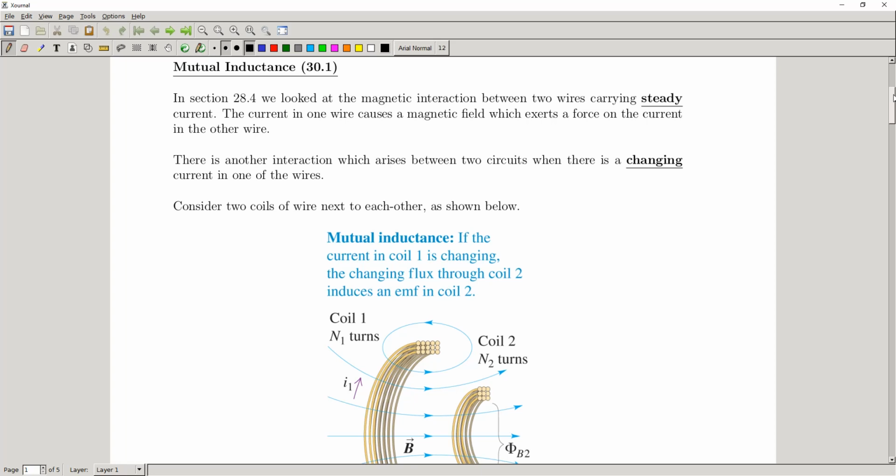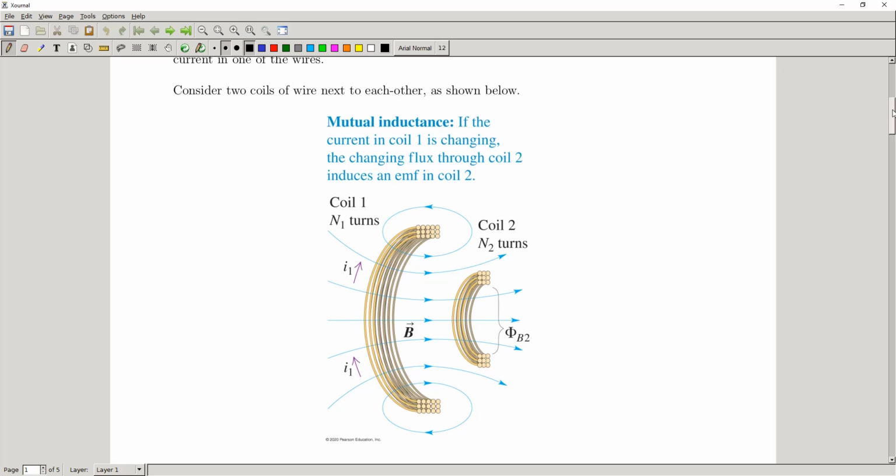There is another interaction which arises between two currents when the current is changing. So in the first case, we had the wires carrying steady current, okay? But if we have a changing current in the wires, we're going to see how this can lead to other considerations that we need to take a look at, okay?